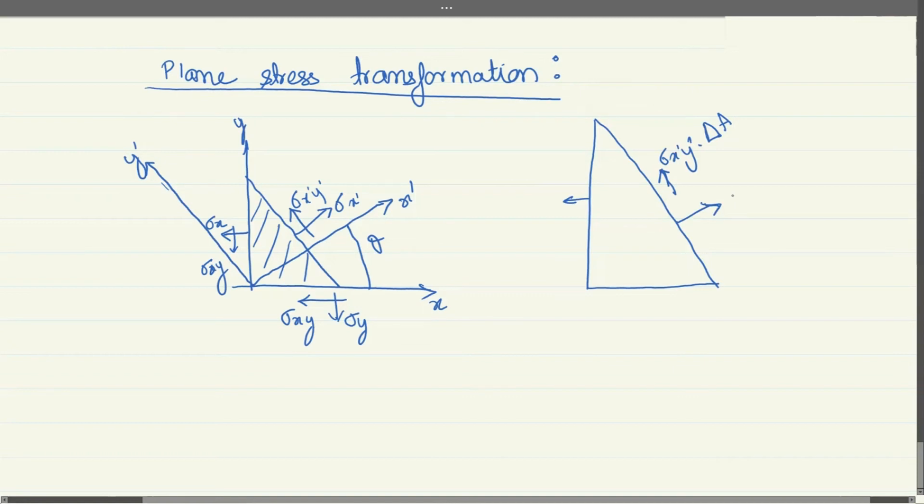And similarly, sigma xy is the shear stress and area is delta A cos theta. Here this is sigma xy, and area here is delta A sine theta.